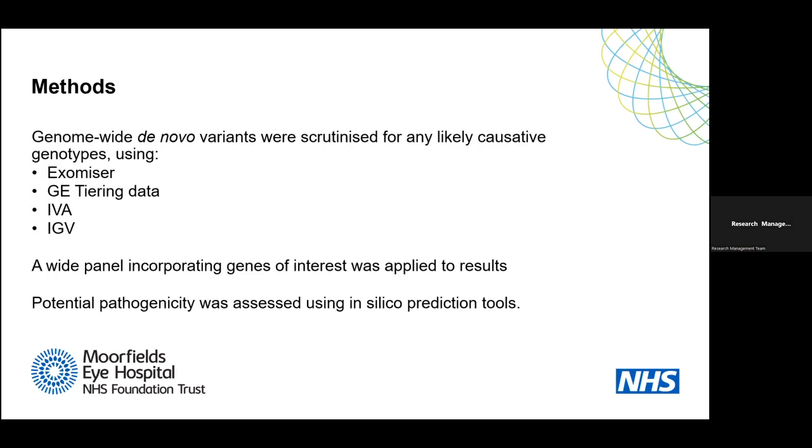Within the Genomics England research environment, I went through the 120 families, genome-wide, looking at de novo variants. The tools I used for this were Exomizer, the tiering data, and IVA, the interactive variant analysis tool.